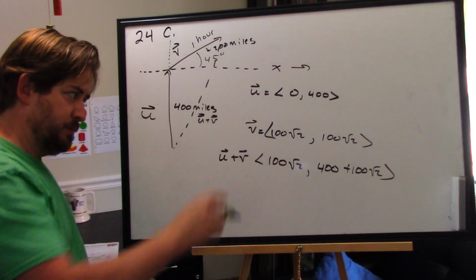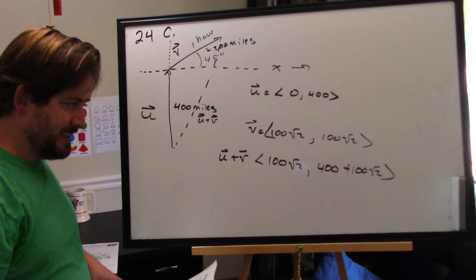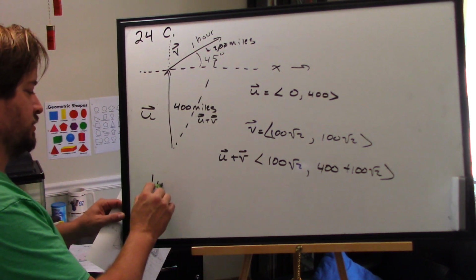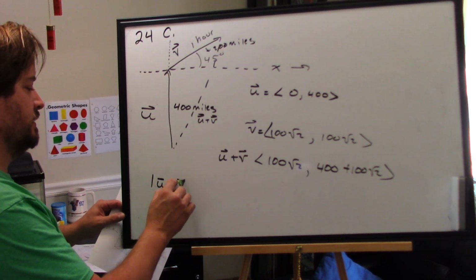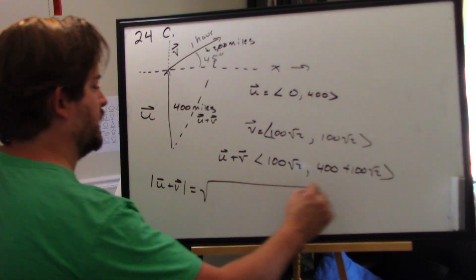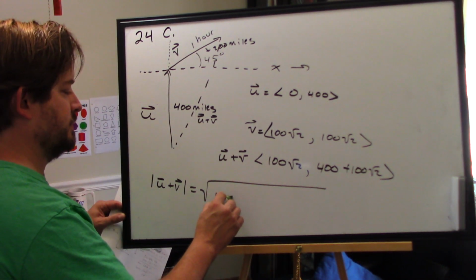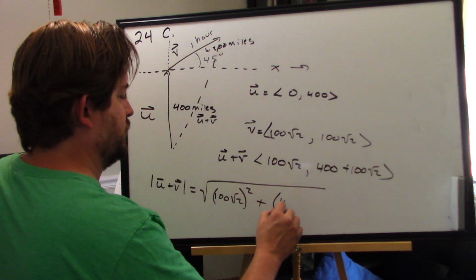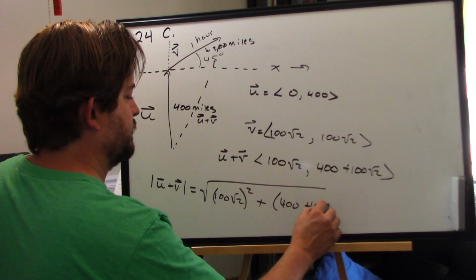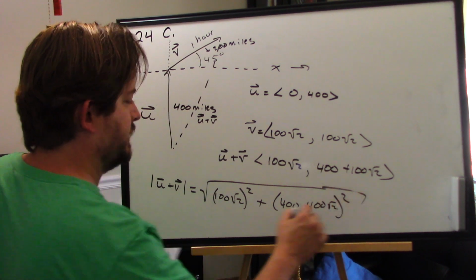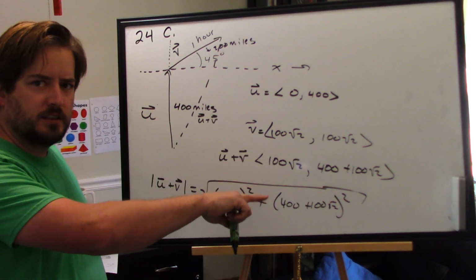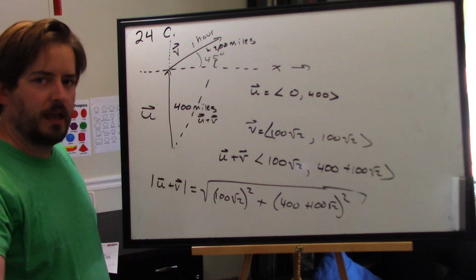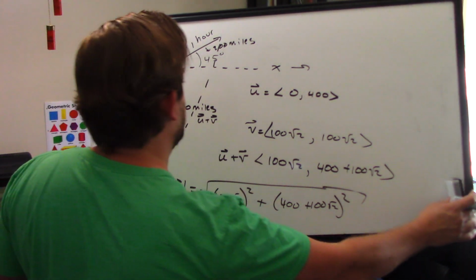That's her specific spot. Her distance then is the magnitude of this. And so the magnitude of u plus v is the square root of 100 root 2 squared plus this 400 plus 100 root 2 squared, right? This math turns into just ugly from here on out, and then it turned into a wrong answer in the review, however that happened.